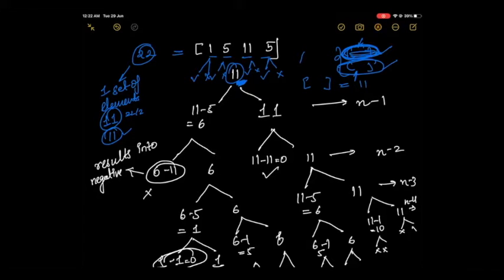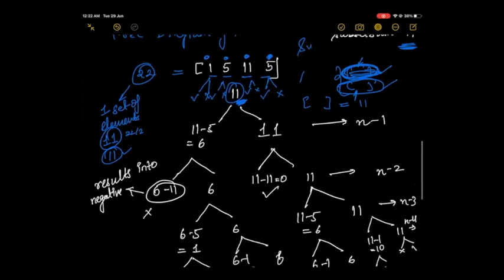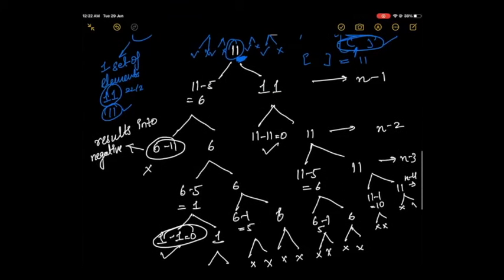For that, we will be having choices: consider this or not, consider this or not, to form the subset sum, which is 11. Understanding the tree diagram: first we have the subset sum as 11.